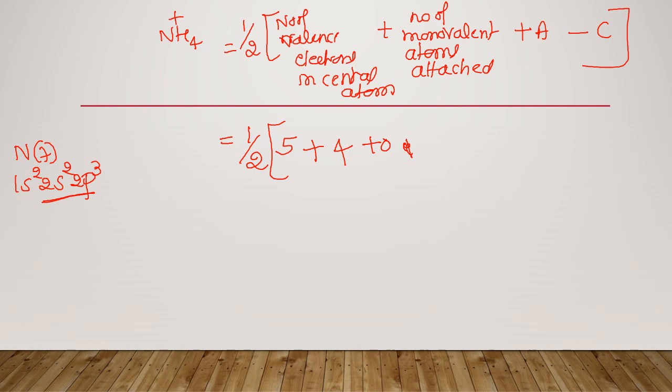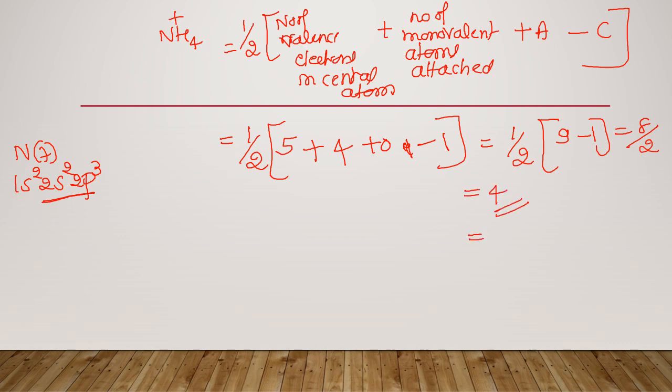In that case we need to subtract it. If a cationic charge is given, we need to do the subtraction. Is it clear? So half into 5 plus 4, 9 minus 1, 8 by 2 is equal to 4. Therefore, hybridization is sp3.